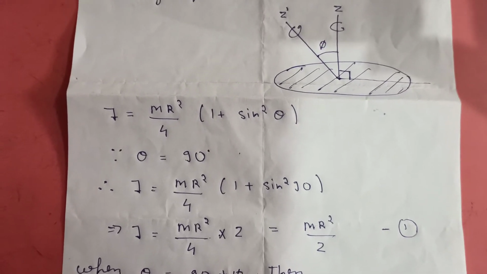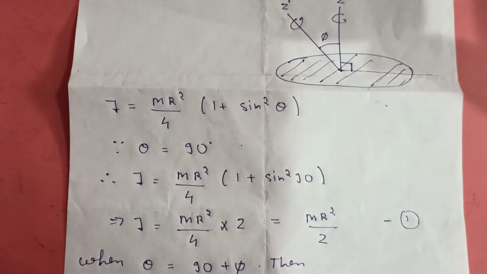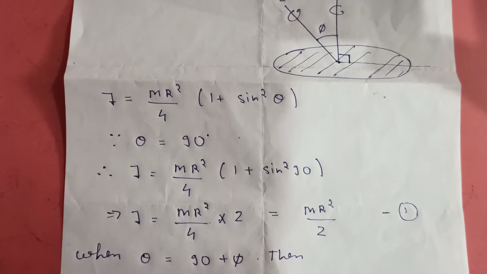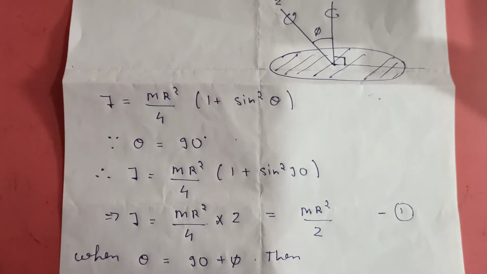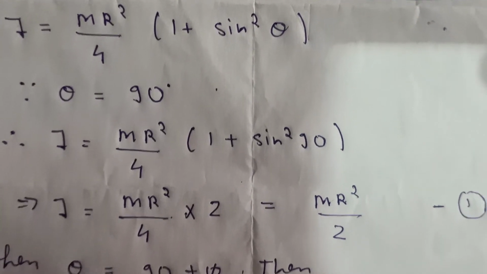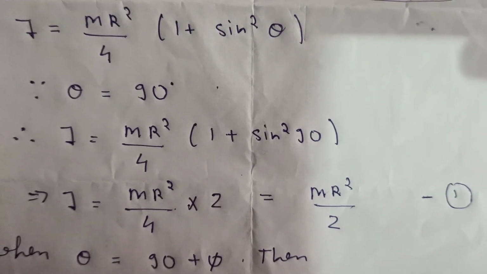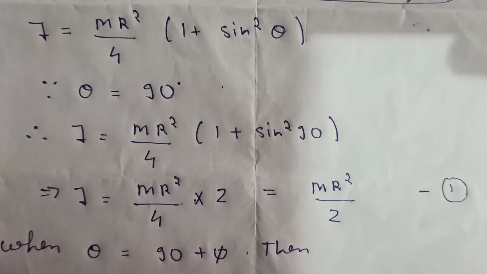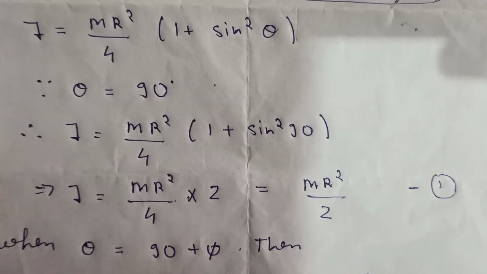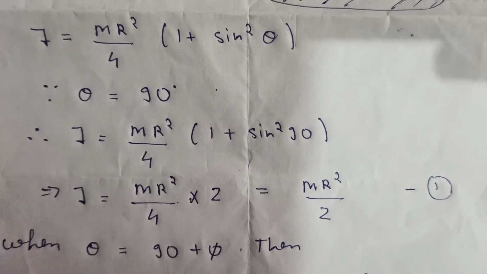Since I is the moment of inertia about the z axis and z is perpendicular to the plane of the disc, theta is equal to 90 degrees. Putting theta equal to 90 degrees, we get I is equal to M R square upon 4 times 1 plus sine square 90, so I is equal to M R square upon 4 into 2. So the equation will be M R square upon 2.